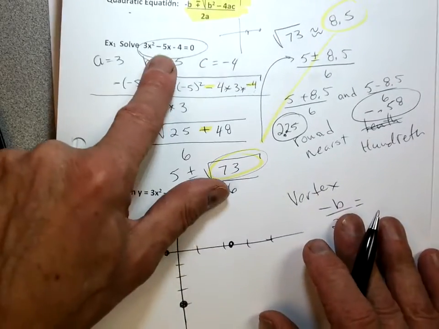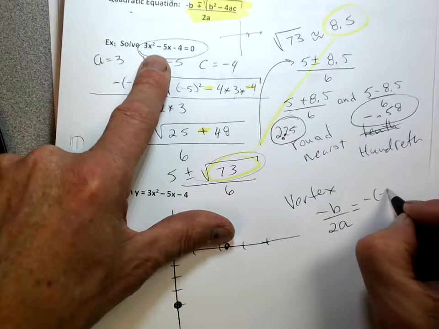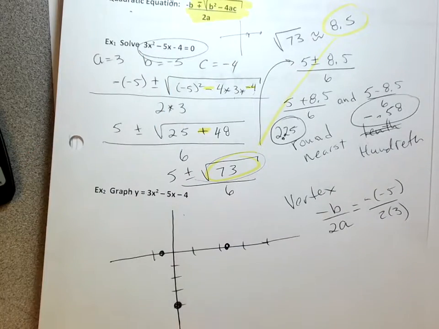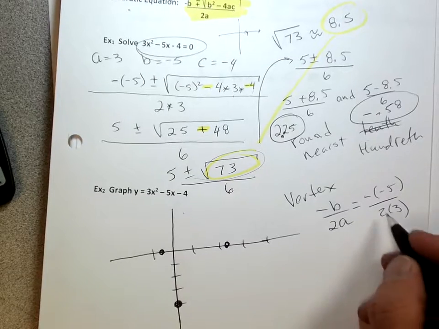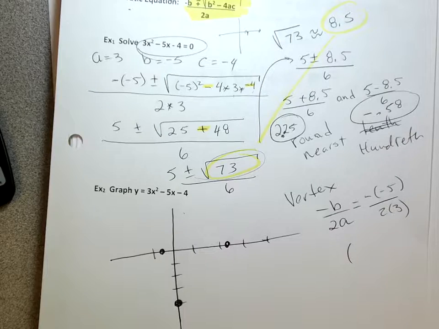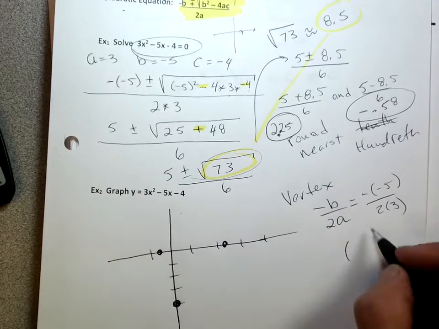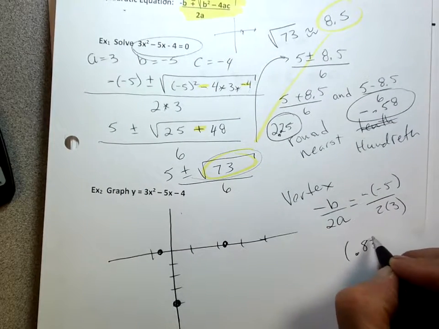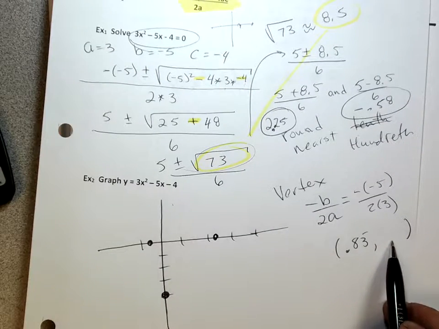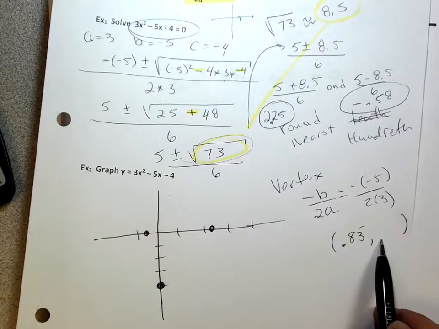So I'm going to go my negative negative 5 over 2 times 3, which makes 5 over 6. So my vertex is going to be 5/6, and probably as a decimal. You guys like the decimal better, 5/6, or about 0.83. Something. How do I get the something? Plug it in, right?